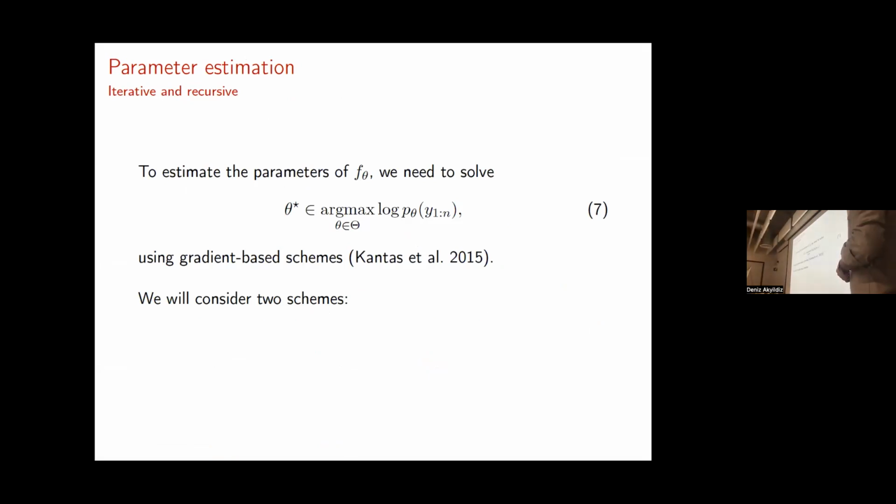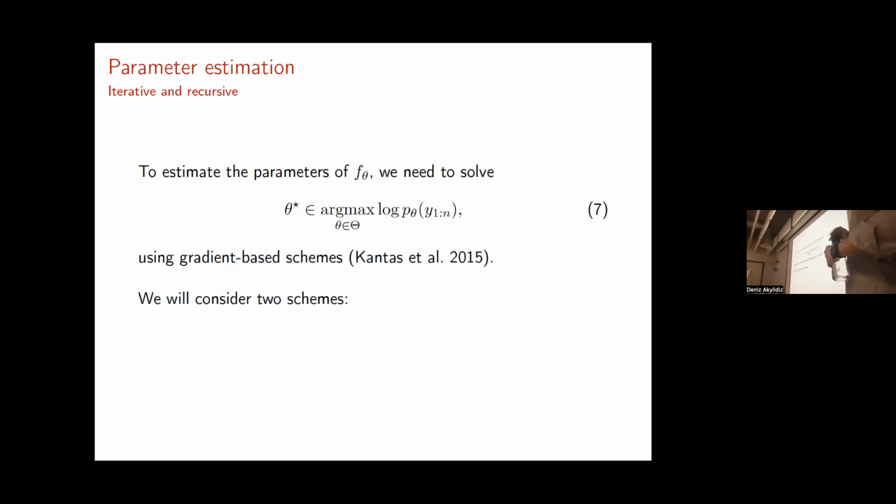So how are we going to do that? We are just going to use the standard MLE techniques. So it's just get the marginal likelihood, get the logarithm of it because of computational convenience, and somehow describe a scheme that converges to theta star, right?